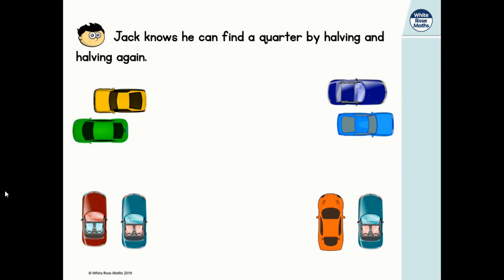He started off with 8 cars and he split 8 in half and had 4 cars on the left-hand side and 4 cars on the right-hand side. He then halved again, so took 2 from 4 cars and put them to the bottom, and took 2 from 4 cars on the right-hand side and put them to the bottom. Why don't you have a go at doing this with something in your house or in your school?